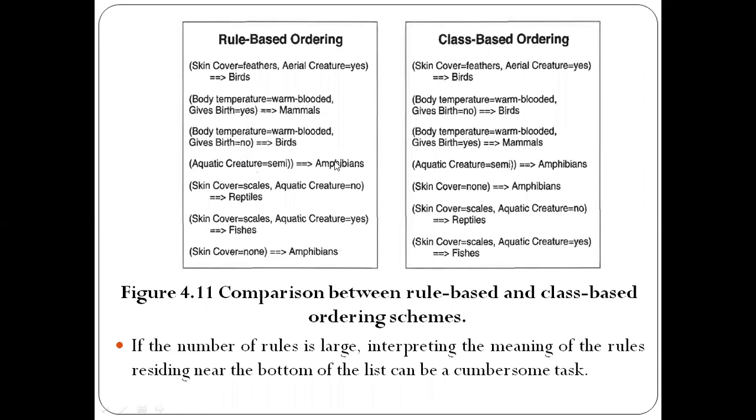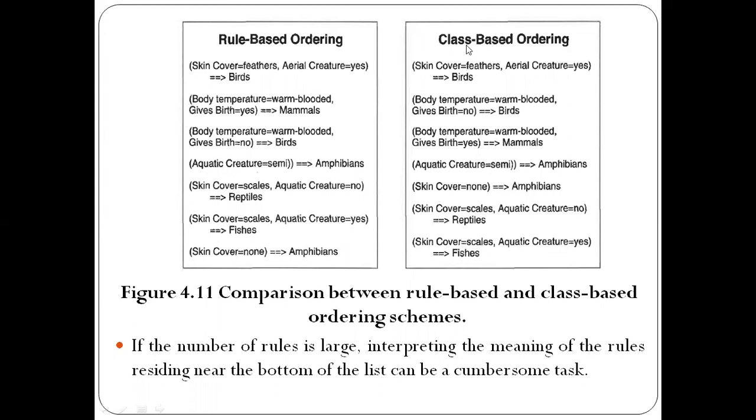And one more disadvantage is, if you have a large number of rules, then the rules appearing at the bottom will be very difficult to interpret, or it is quite difficult to understand the meaning of the rules lying at the bottom. That is the disadvantage. So this is the rule based ordering scheme.